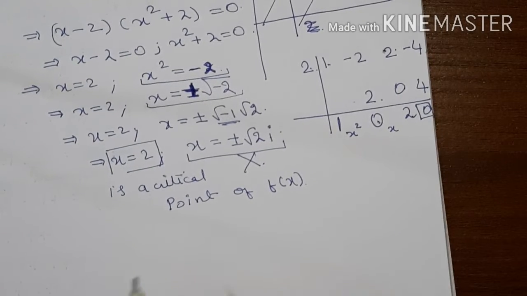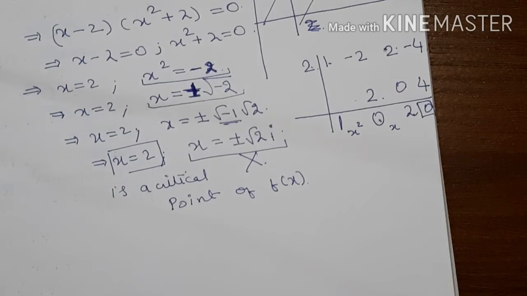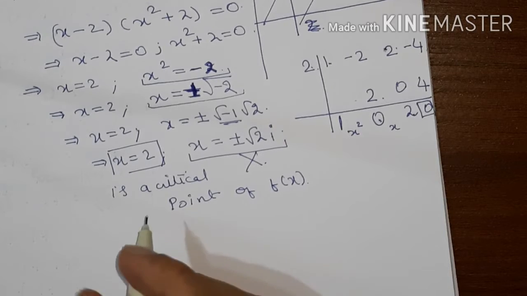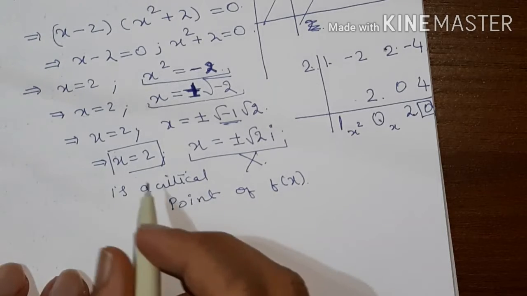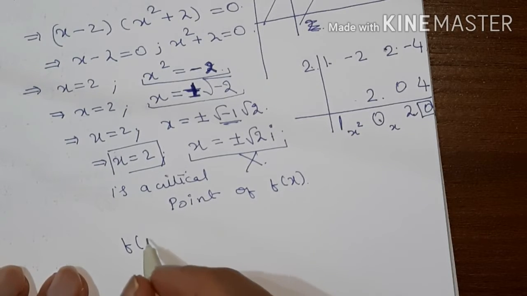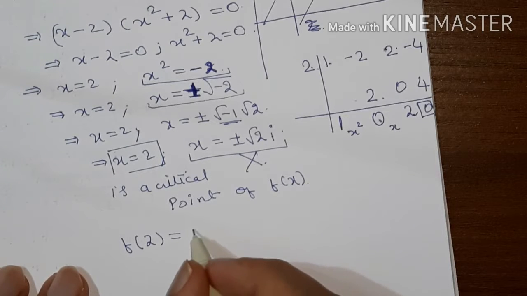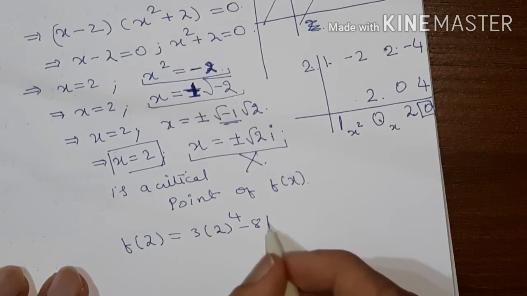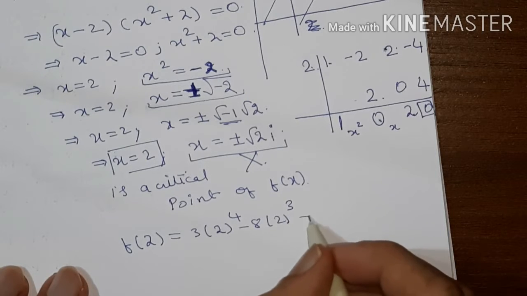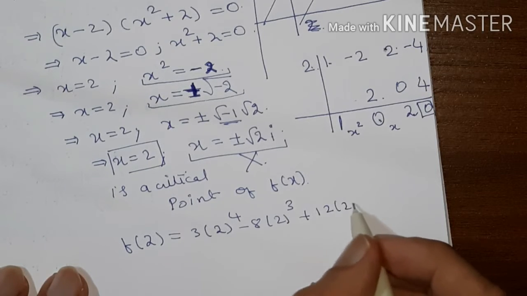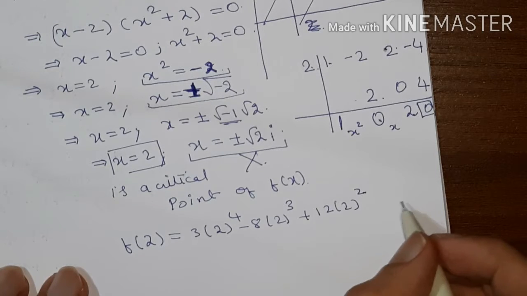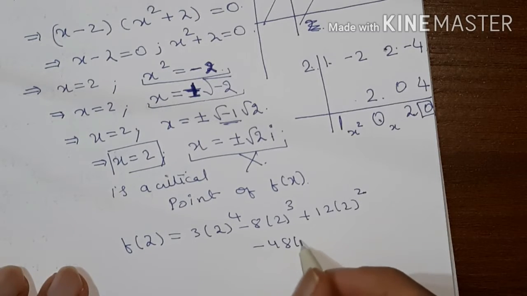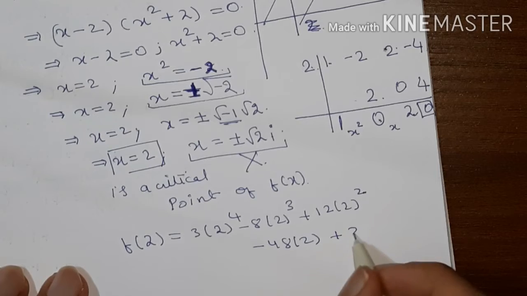Now what we have to do is find the value of the function at the critical point first. So f of 2 is 3 times 2 raised to 4, minus 8 times 2 cube, plus 12 multiplied by 2 square, minus 48 multiplied by 2, plus 25.